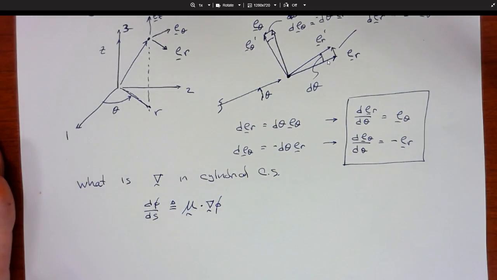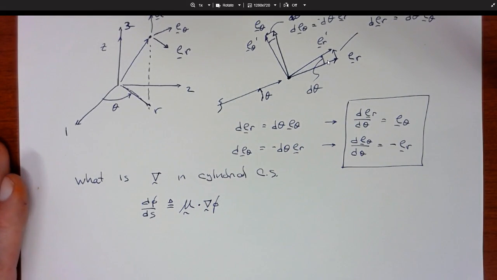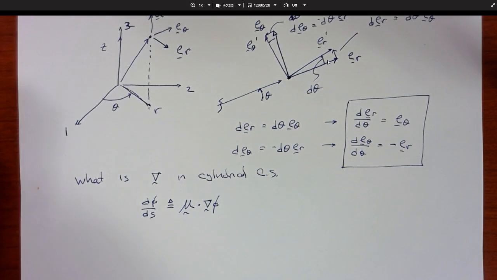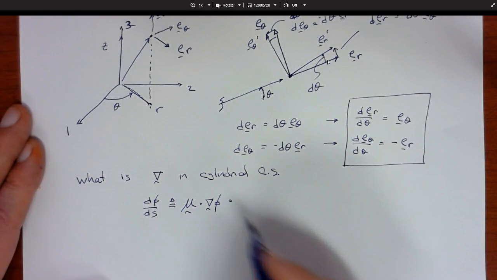Just to make it a little simpler, I'm going to abandon the summation notation so I don't get confused between 1, 2, and 3 and r, theta, and z. So I'll write out the components here. Maybe this makes it a little easier.